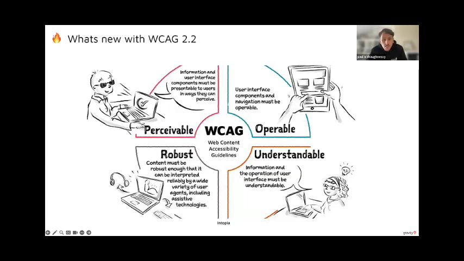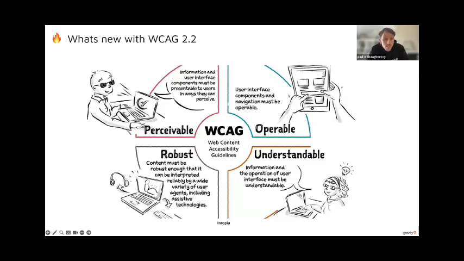Is it understandable? This means is it easy to use? This is about using plain language, having a consistent user experience and making sure things are predictable and understandable. It's basically information architecture 101. And then finally, is it robust?